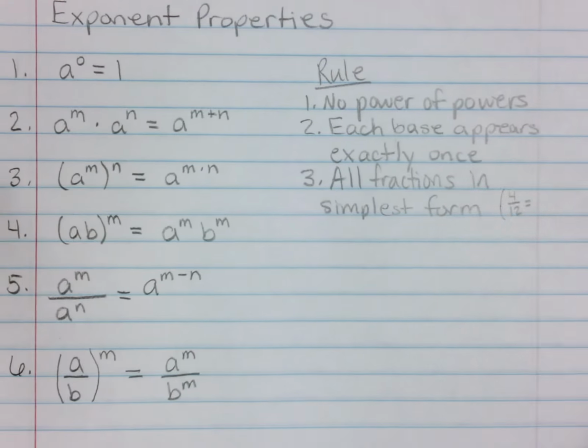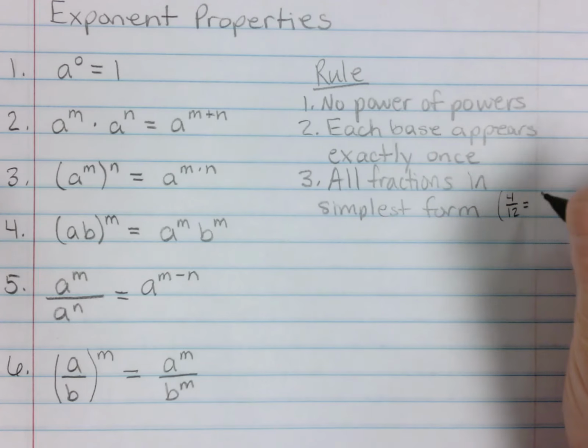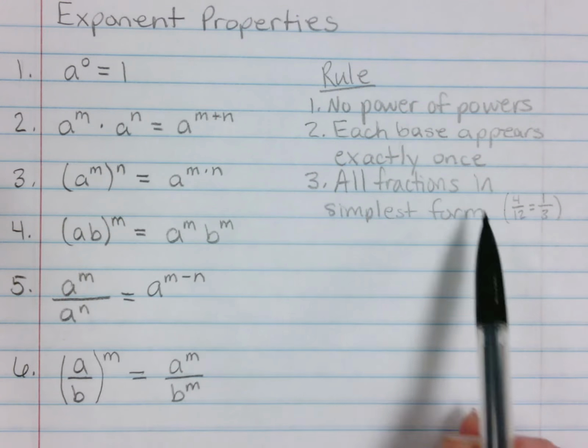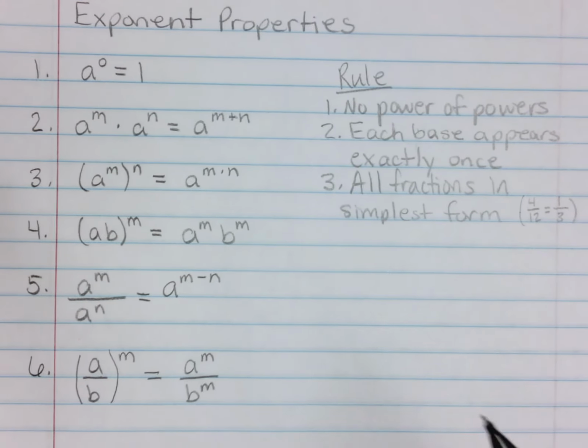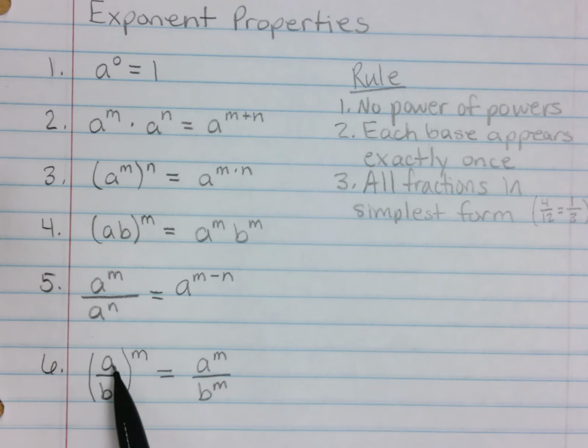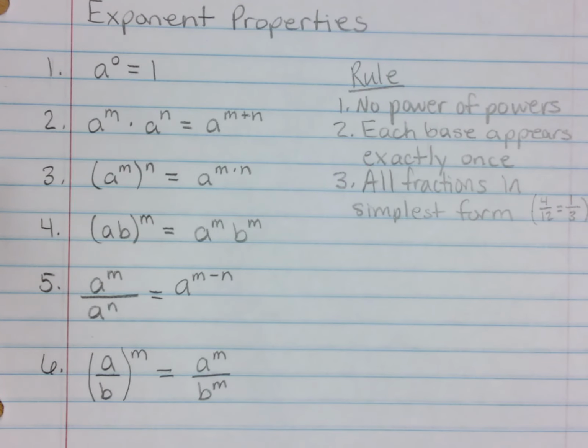You would need to reduce that. 4 goes into itself once, 4 goes into 12 3 times. So just like a general math rule, you would need to simplify all your fractions. That's the same with our exponent properties. And of course, we've got properties to help handle that. We couldn't leave this fraction raised to a power. We would need to apply that exponent on each of those bases.